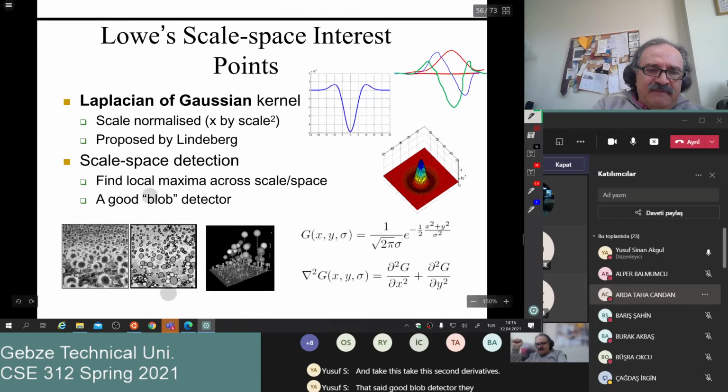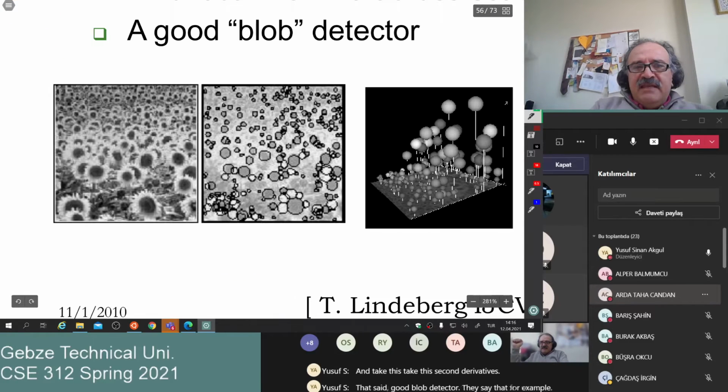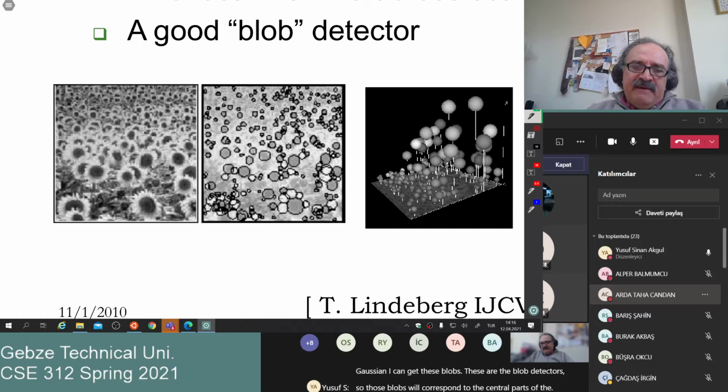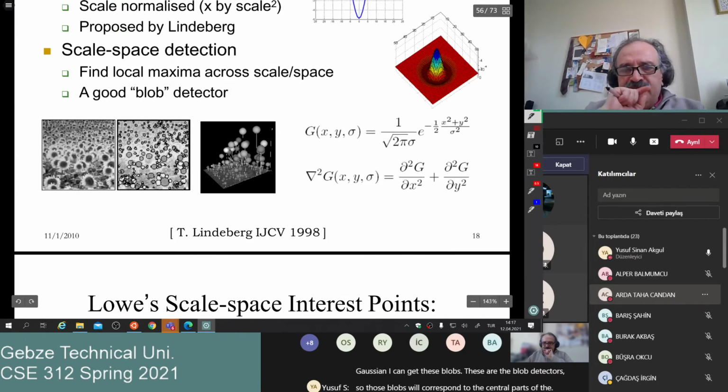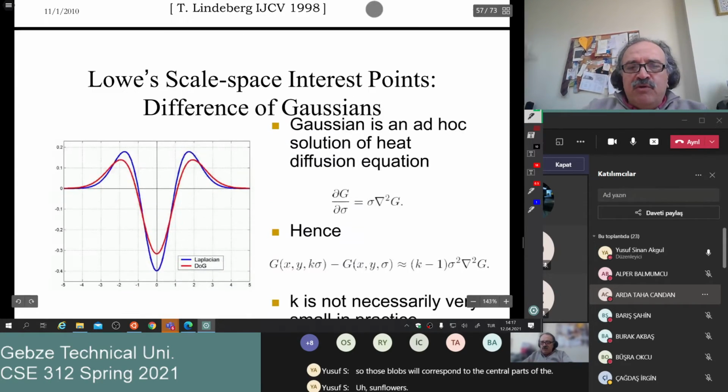For example, if I take the second derivative of this one after some Gaussian, I can get these blobs. These are the blob detectors. Those blobs will correspond to the central parts of the sunflowers. Okay, and I am going to use this idea.